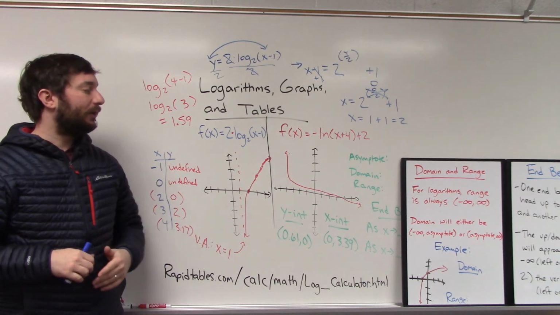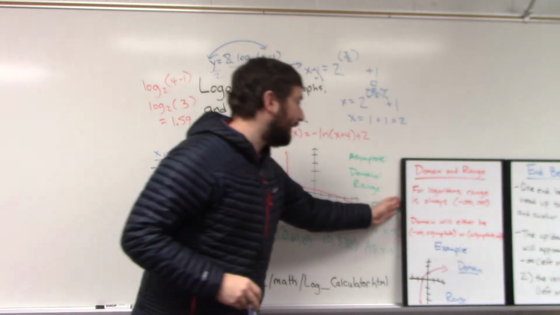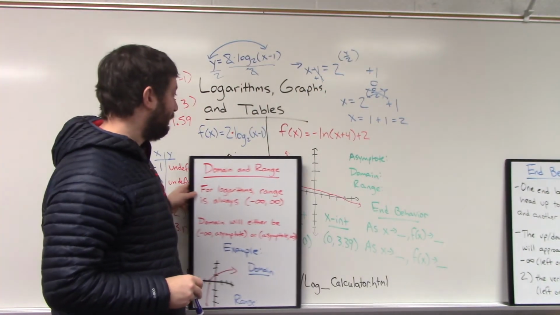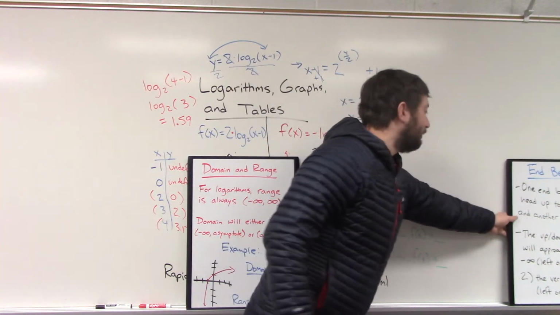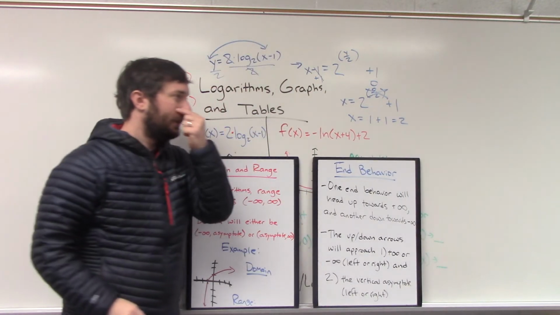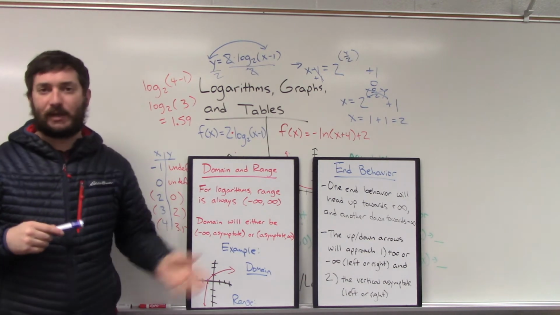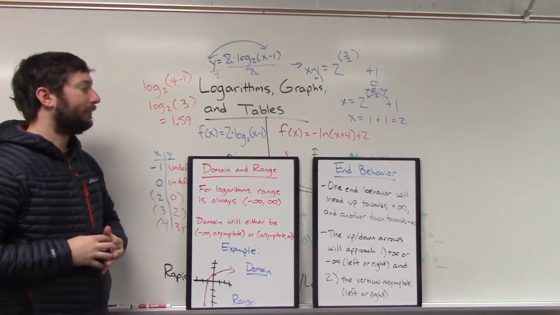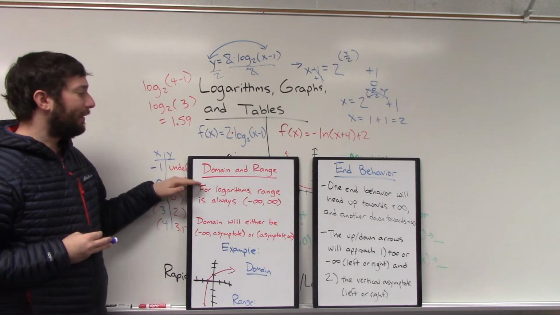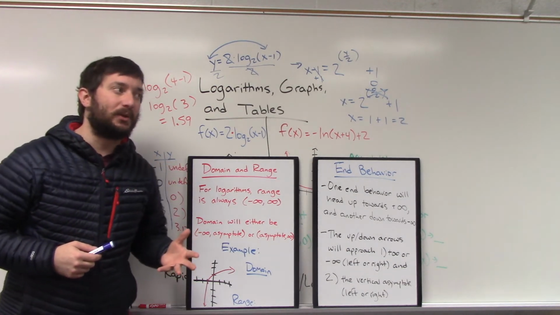What I want to do now is wrap up our discussion of logarithms and this unit actually with a final discussion of our remaining key features to talk about. So domain and range is one of them I wanted to highlight. Intercepts you can just get from a graph, so not as important. But domain and range are important because, remember, we're talking about something opposite of exponents.